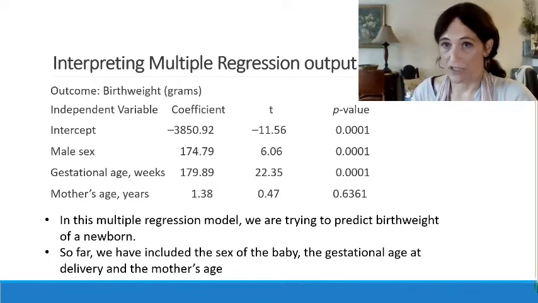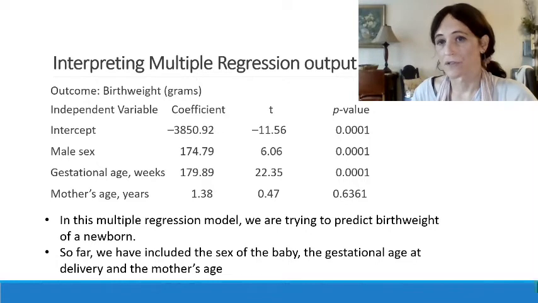We could choose to exclude mother's age. However, there may be reviewers or others who would want to see that. We'd also want to see what the crude associations were between male sex and the outcome and gestational age and the outcome, and did they change when we included mother's age?